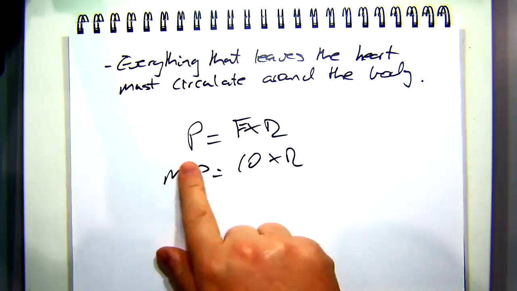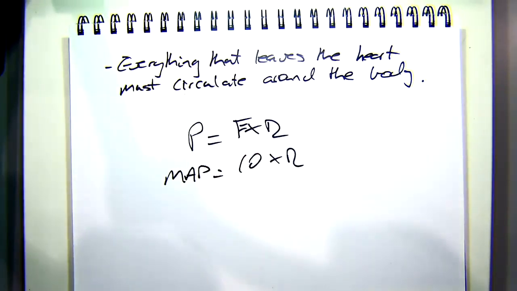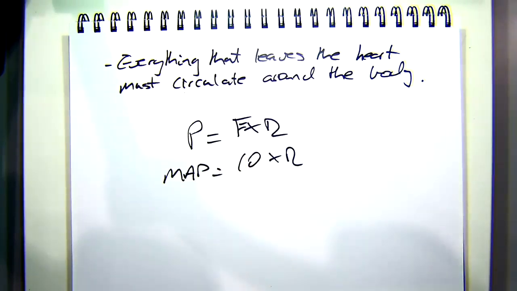So if the resistance in the capillaries is high because they've got a very small diameter, then the flow is going to go down to compensate for that.